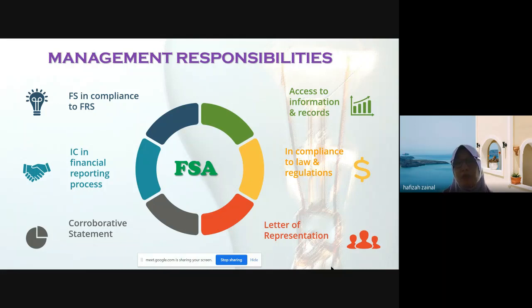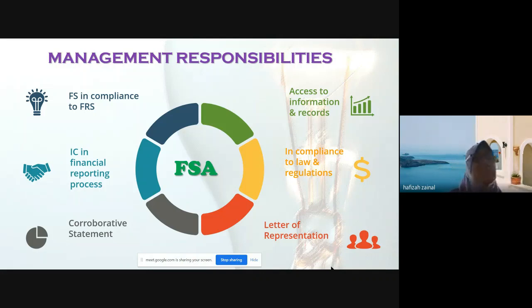Okay, in terms of corroborative statement, what is a corroborative statement? When we do an audit, sometimes we get explanations or clarification from the client. Hence, that statement is actually documented in our working paper.